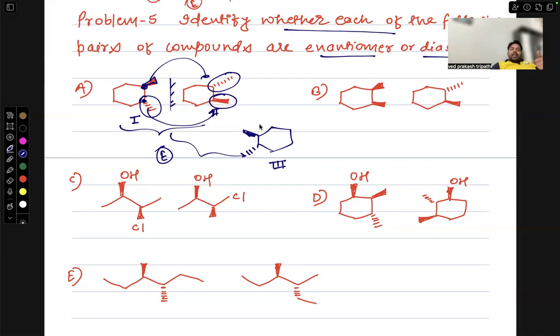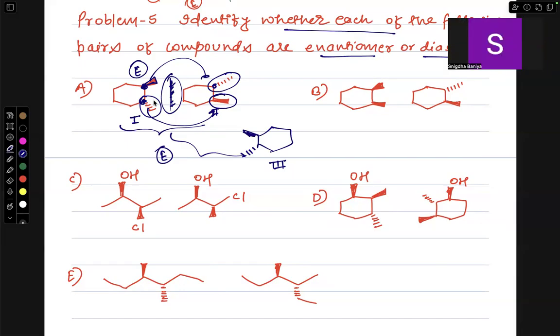So this is again a mirror image kind of thing, but it is not a mirror in the right hand side. This is a flipping, you can say, just an odd exchange. Odd means just one exchange. So wedge becomes a dash, dash becomes wedge. So this is called enantiomer. Make sense? Tell me everyone.